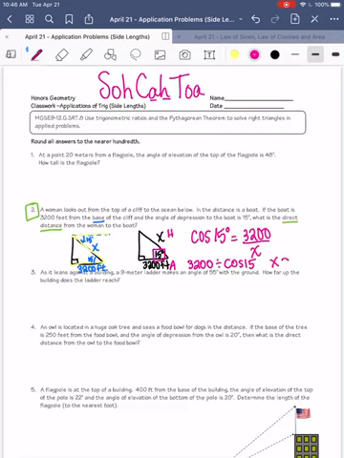I'm going to use my handheld calculator. 3200 divided by cosine 15. We get a very large number, but it's because 3200 was large as well. It's 3,312.88, and then our unit would be feet.